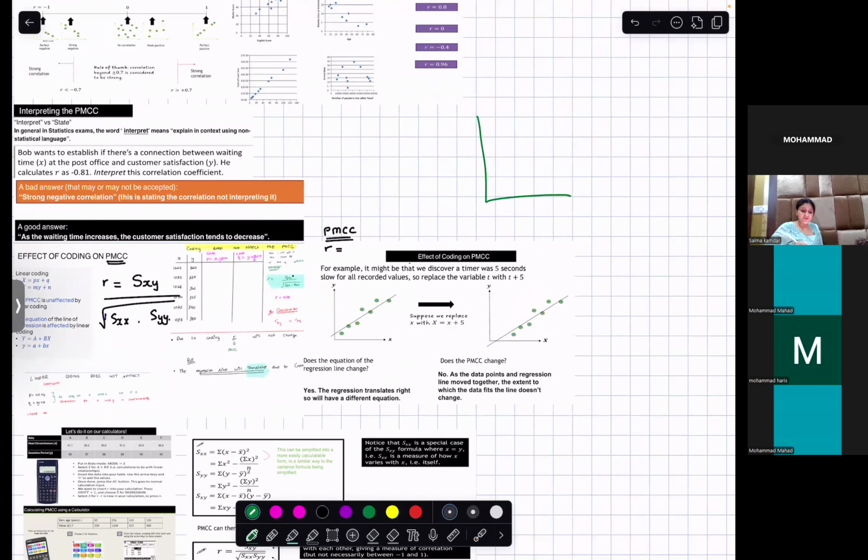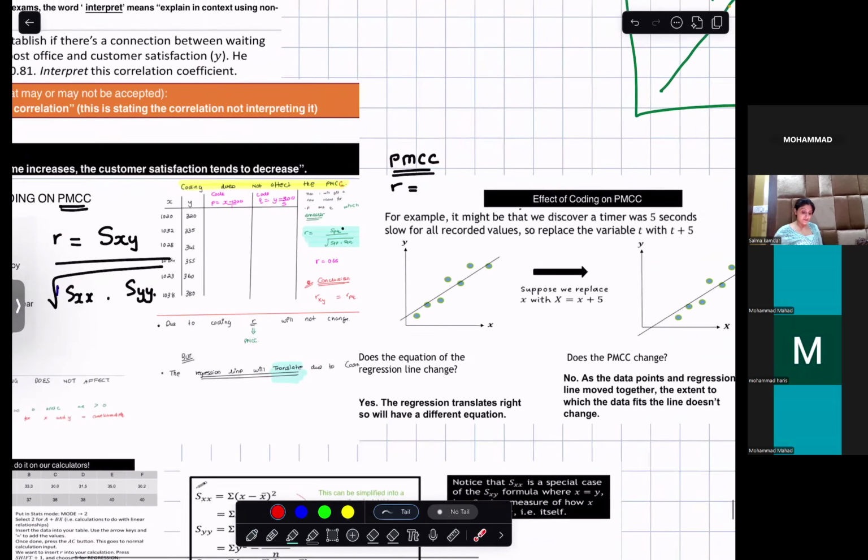Coding can just shift my data from place to place. Coding can just shift my regression line either upwards or downwards, but it will never change the strength of the relationship. And since the data also moves with the line, there is no effect on the PMCC.